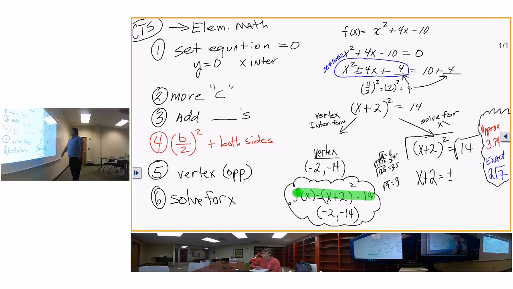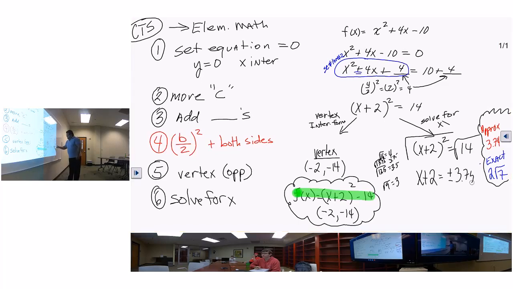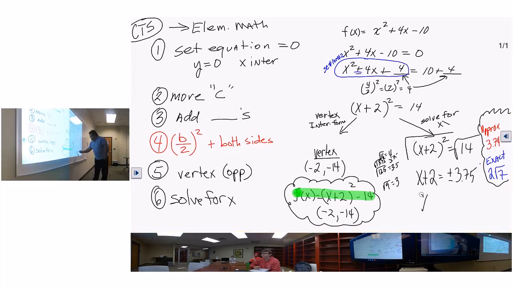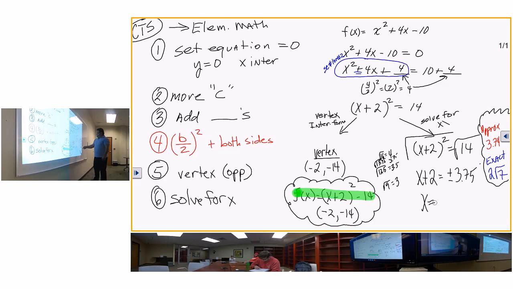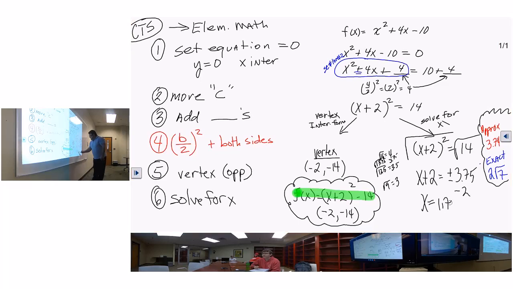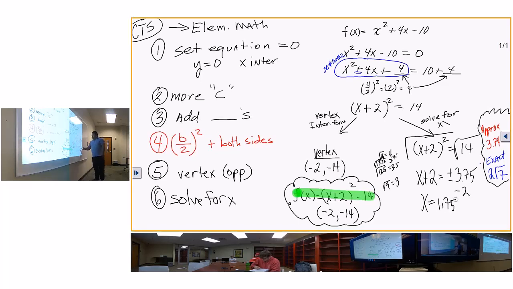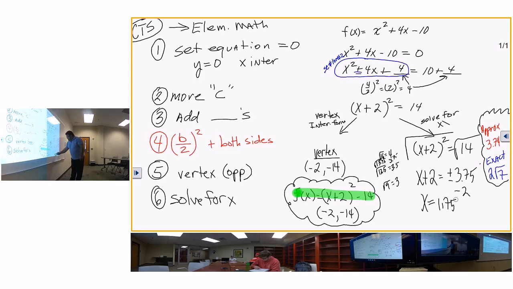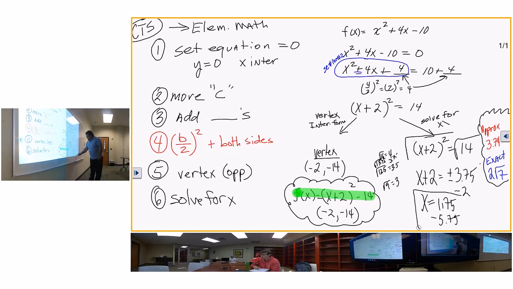So the square root of 13.75 is about 3.75, so I'm going to say 3.75. And now x is equal to, what is 3.75 minus 2? 1.75. And what's negative 3.75 minus 2? Minus 5.75. And now you've got your x-intercepts.